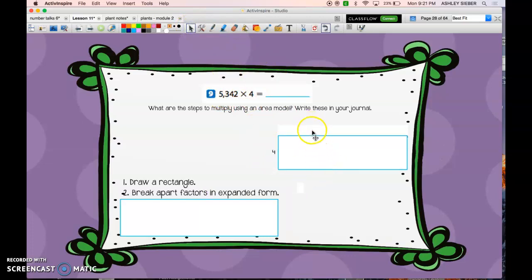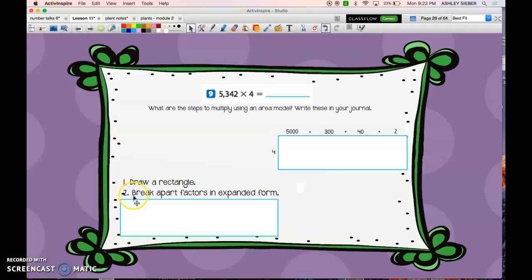That's the 4. 5,342 needs to get broken up into its values. The 5 in the thousands place is worth 5,000. The 3 in the hundreds place is worth 300. The 4 in the tens place is worth 40. And the 2 in the ones place is worth 2.